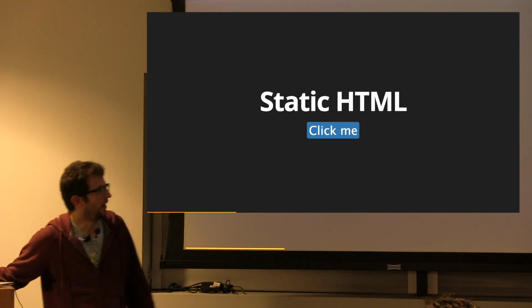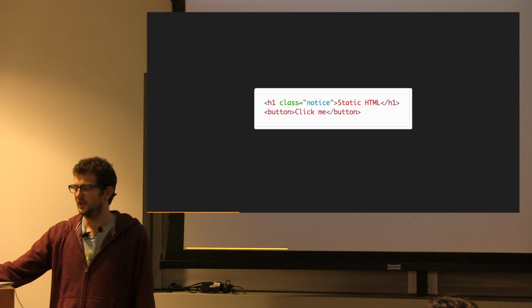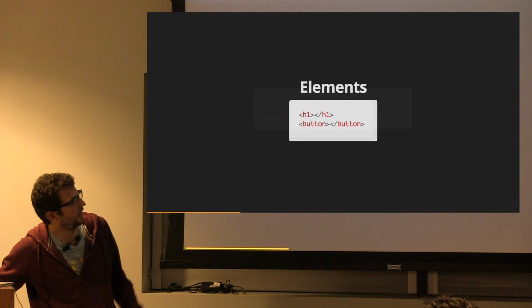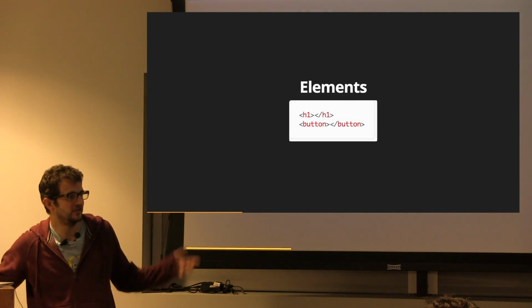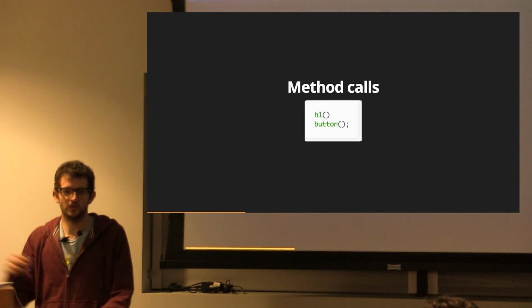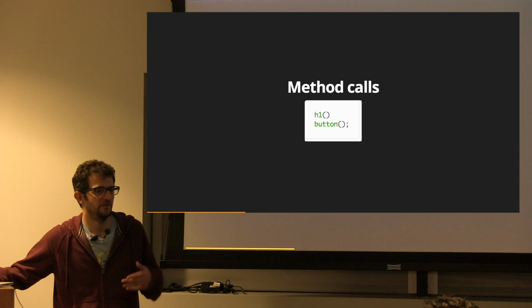This is static HTML. This is what it looks like in code. It's pretty short. If we look at this, we have a couple different things inside of our code. We have these things called elements. Inside of that code, we have an H1 element and we have a button element. You can think of these from the browser's perspective as function calls.